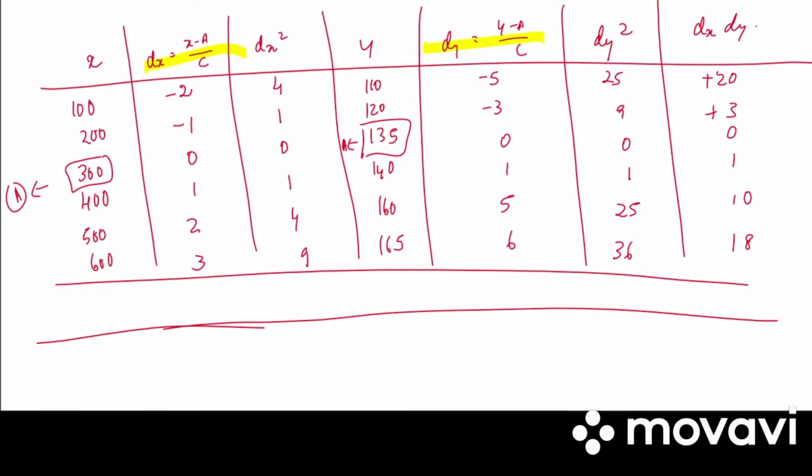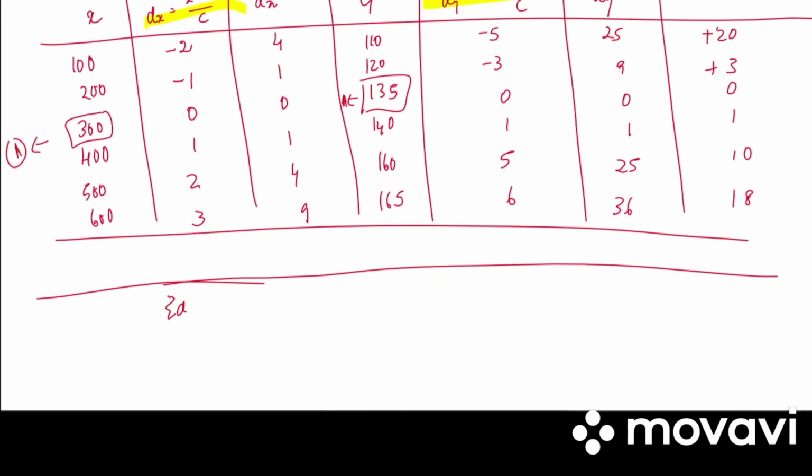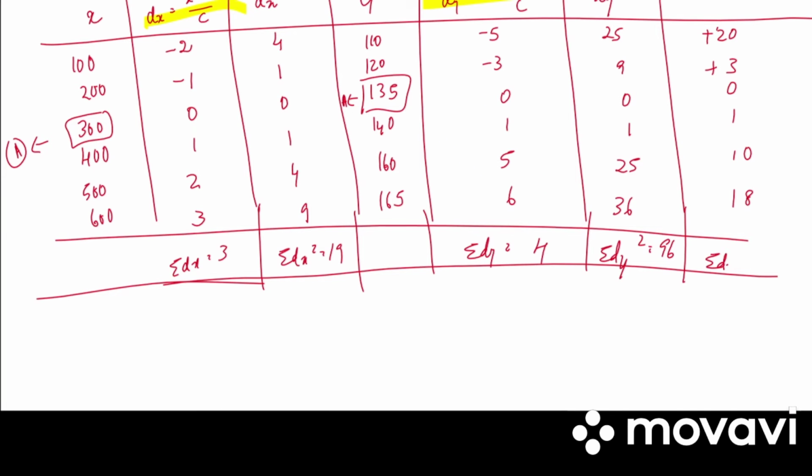So what is the total? Summation dx is 3. Summation dx square is 19. Summation dy is 4. Summation dy square is 96. Summation dx dy is 42.